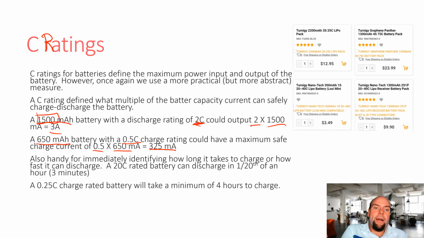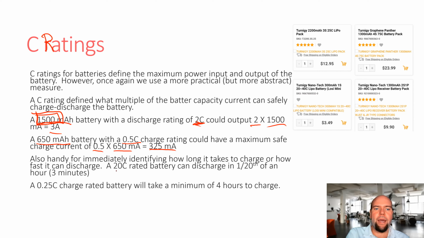One nice thing about the C rating, if there is a nice thing about it, as a weird way of telling how much current can go into or out of a battery, is it very quickly tells you how quickly the battery can be charged or fully discharged. Because the capacity rating was the amount of current that can go for 1 hour, the C rating tells you what fraction of an hour the battery can charge and discharge in.